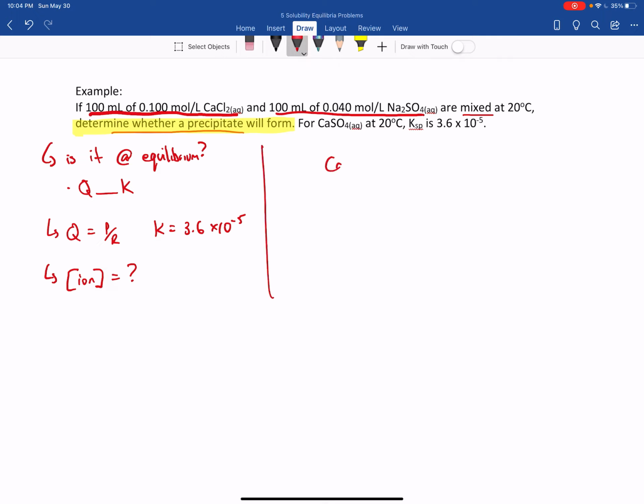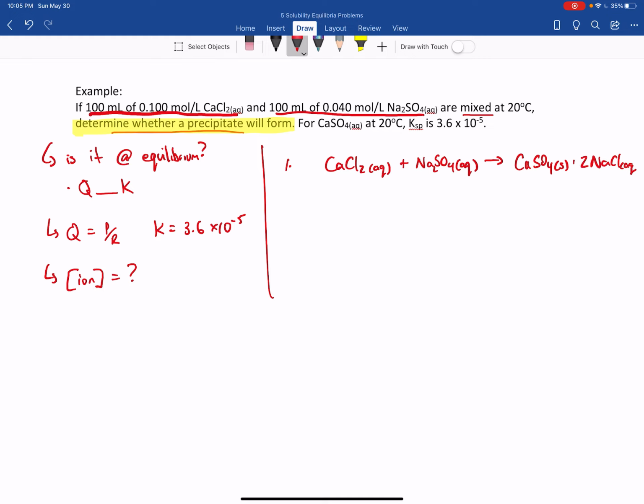We're mixing calcium chloride, which is aqueous, and sodium sulfate, which is also aqueous, and this is the reaction. So this is step 1. The double displacement reaction is not in equilibrium, and we will get calcium sulfate and sodium chloride, which is aqueous.